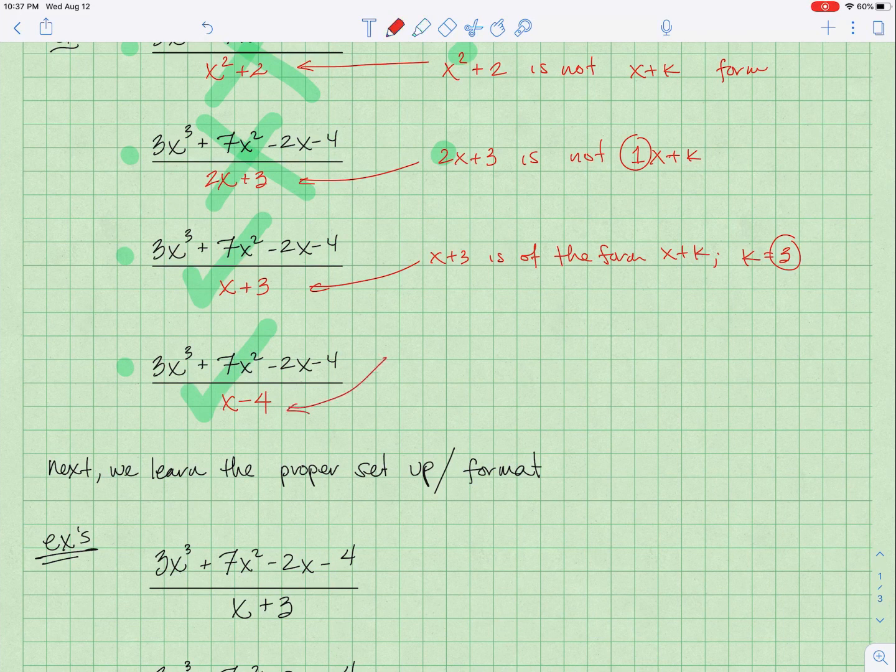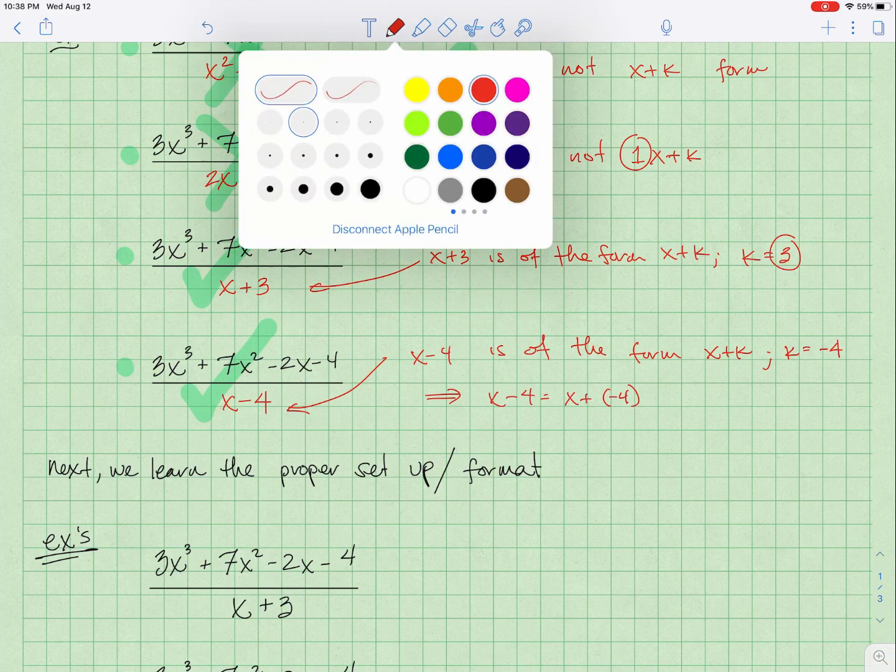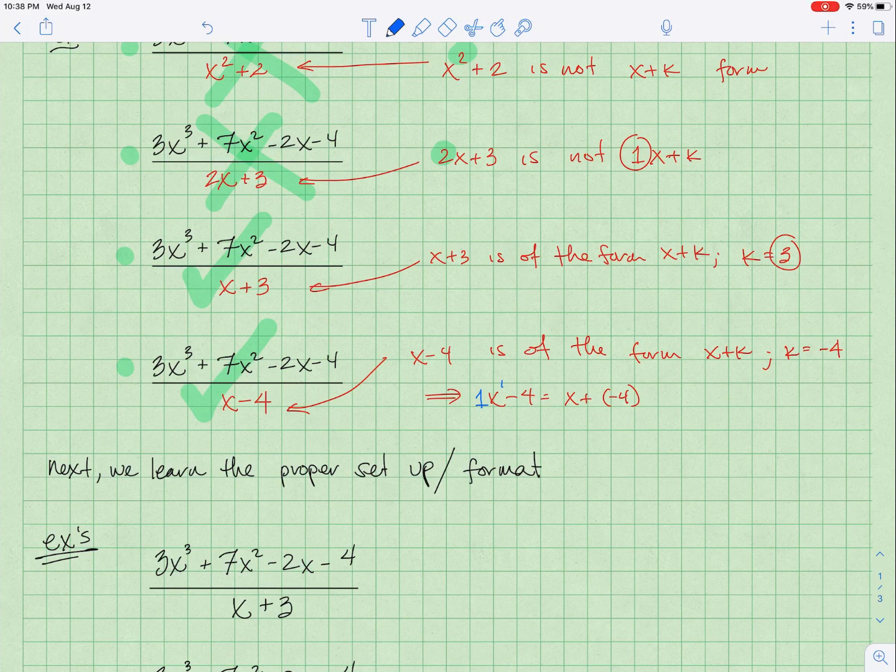This divisor, x minus 4, is of the form x plus k, where in this case, k is the number negative 4. That is to say, x minus 4 is x plus negative 4. So it does have that format. Specifically what we're looking for when we're dividing is a lead coefficient of 1 and a power of 1 on x. That's what we want in order to use this division.